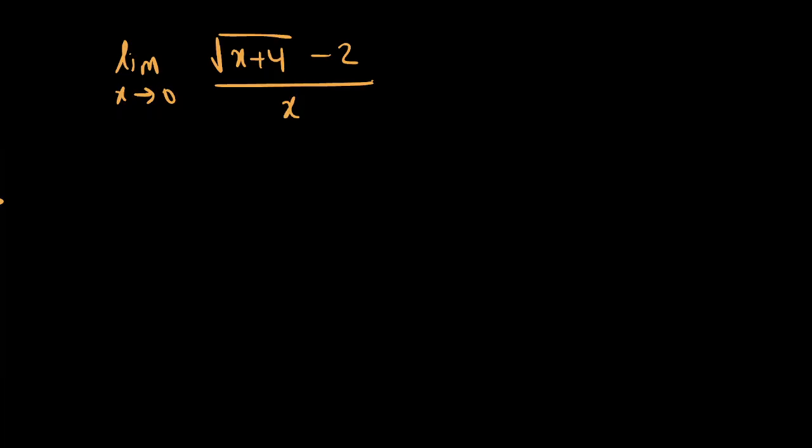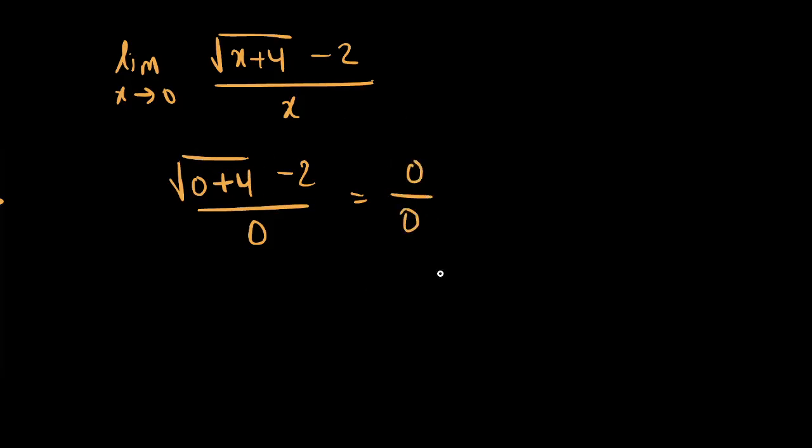So here, again, if we try direct substitution, we get the square root of 0 plus 4 minus 2 over 0. 0 plus 4 is 4. Square root of 4 is 2. 2 minus 2 is 0. This gives us our indeterminate form of 0 over 0. So we can't use direct substitution.